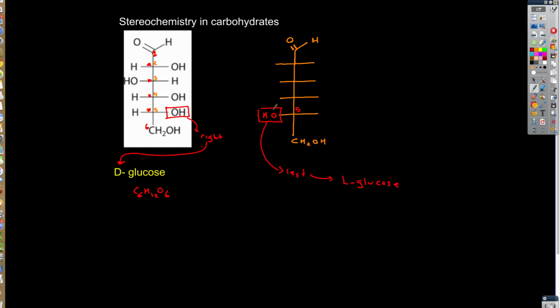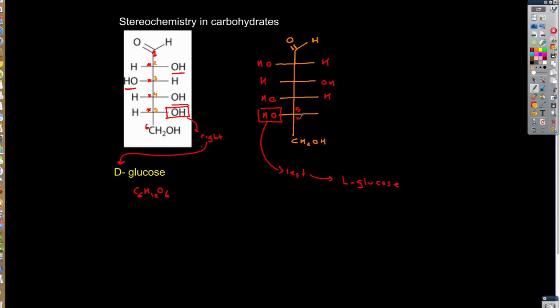But when you do that, make sure you respect the rest. This is a mirror image, so all the hydroxyls should be on the other side. So not just the last one, but the rest of the hydroxyls are also the flipped version.